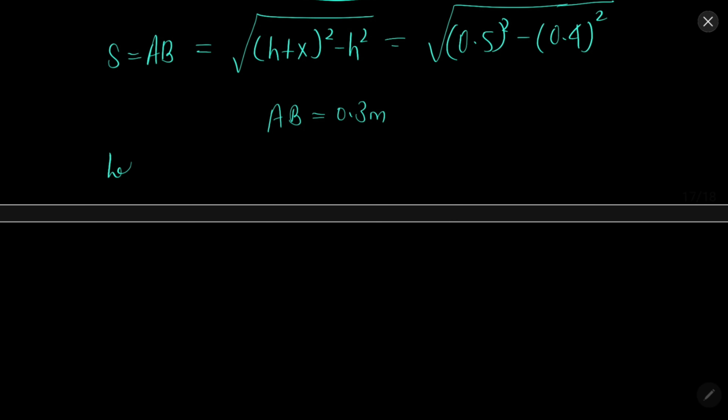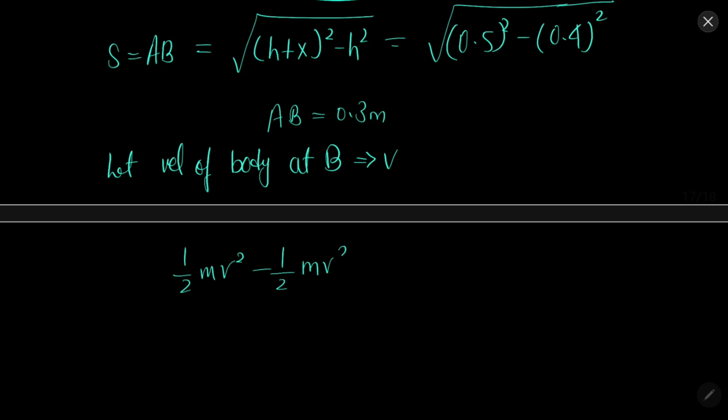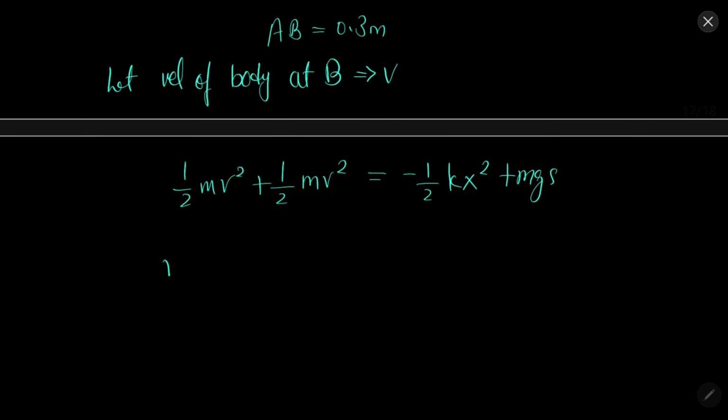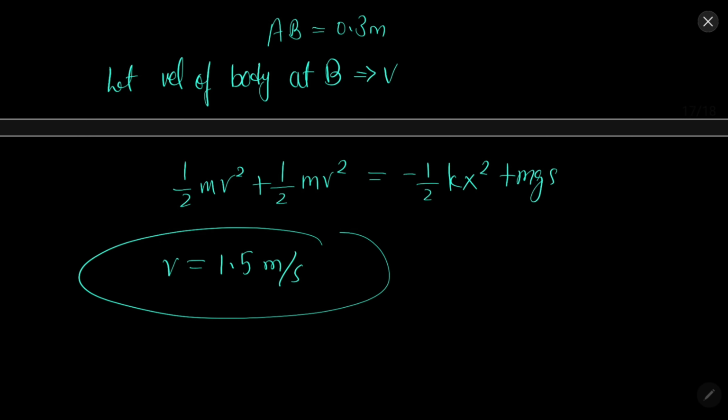Now let the velocity of body at B equal to V. How can we find V? By work energy theorem. So half mv square equal to minus half kx square plus mgs. So after solving this, V will come out to be 1.5 meter per second.